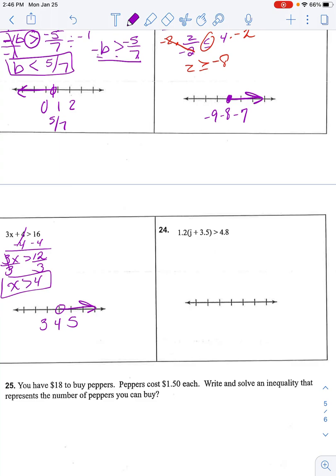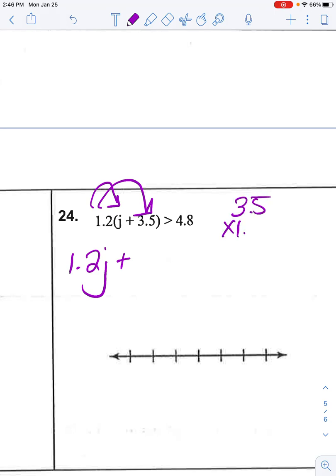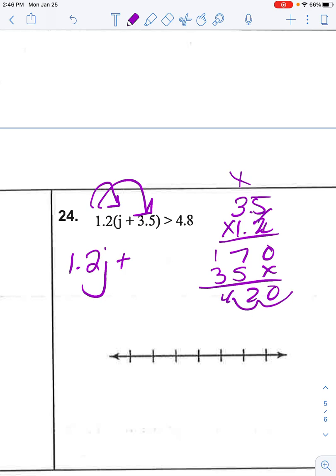Number 24, you are going to have to distribute. 1.2 times j is 1.2j. 1.2 times 3.5 is 4.2.